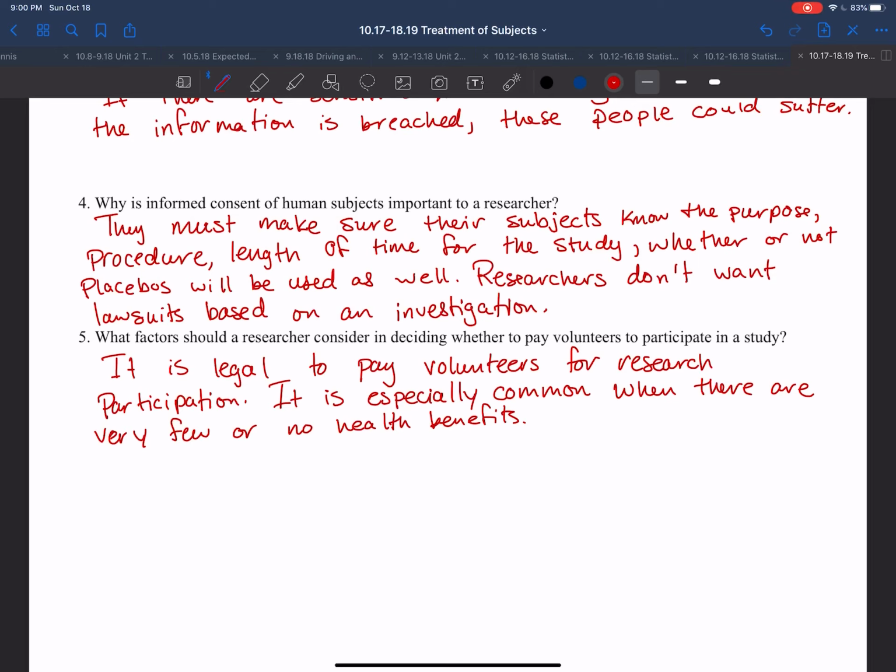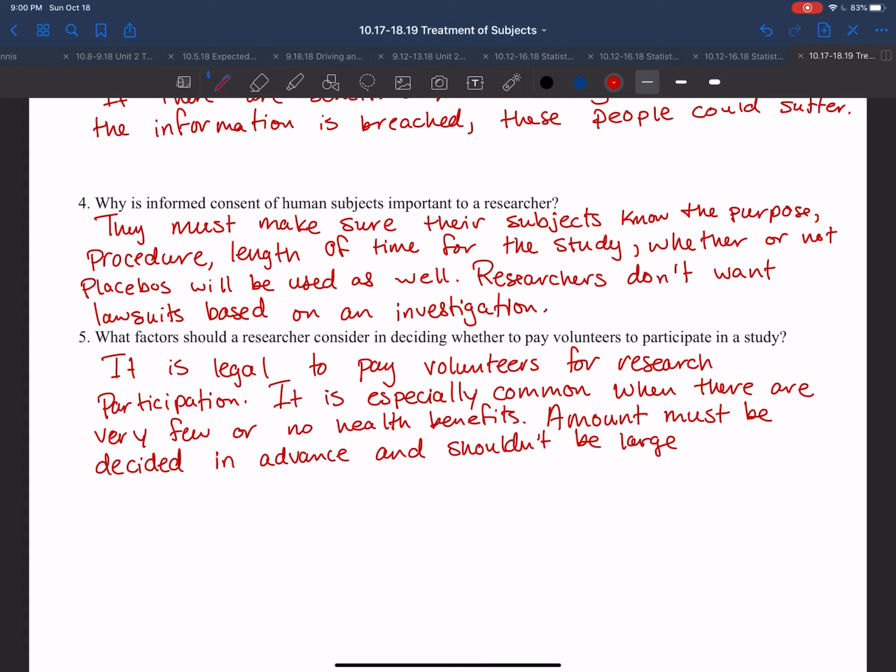And now the amount must be decided in advance and shouldn't be large enough to influence someone to participate.